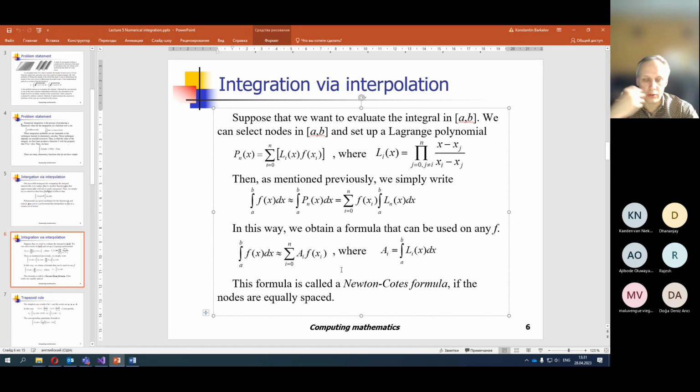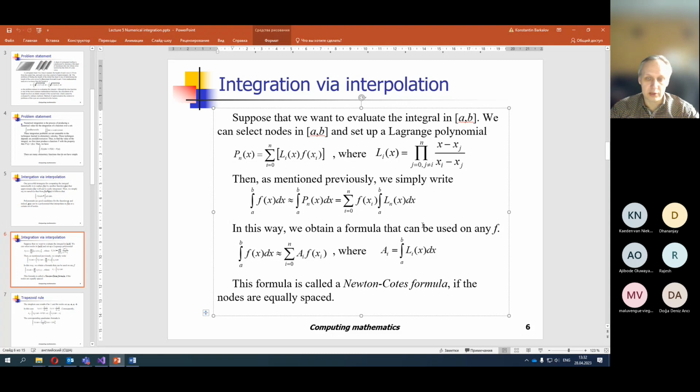So the value of the integral is nothing but the sum of the function values with some coefficients. Very simple formulas. All we need to do is find these coefficients. We should find the coefficients ai.